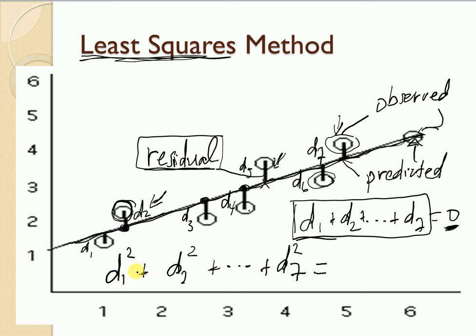And because we're squaring each of these residuals, we're guaranteed to get a positive value. So this here will work out to be a positive value. And when this positive value is at its minimum, then the line which causes that to happen will be the least squares regression line.